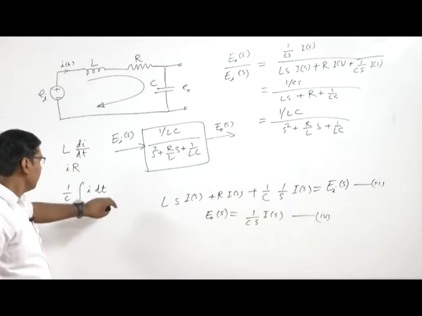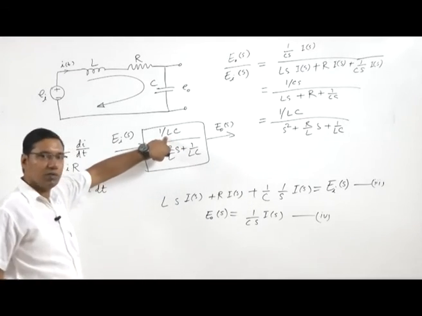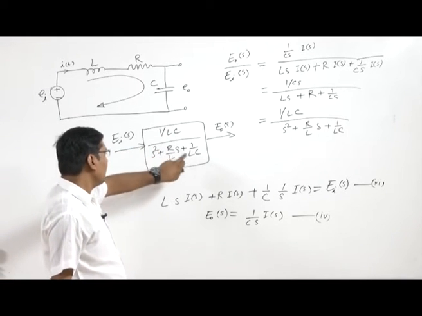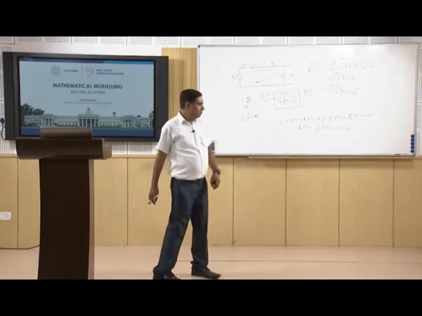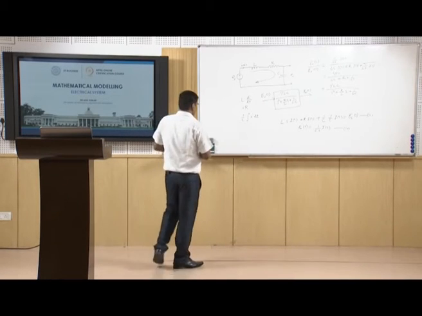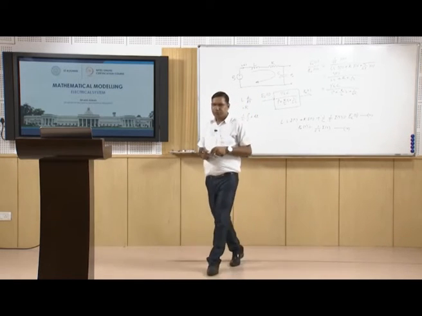Again we see that this transfer function contains the parameters of the system, that is L, R and C, and this is again a second order system because there is a square term.